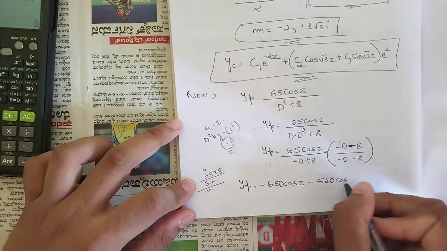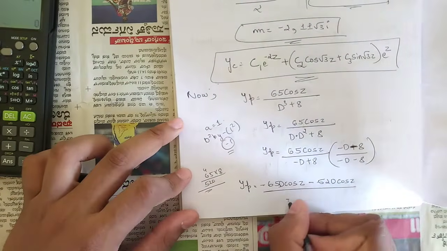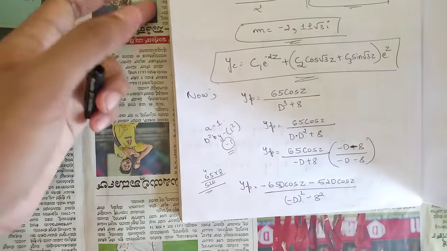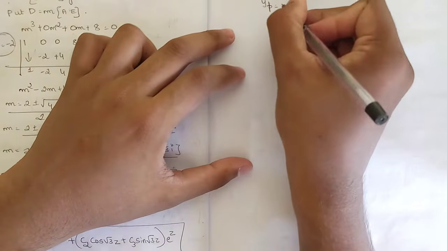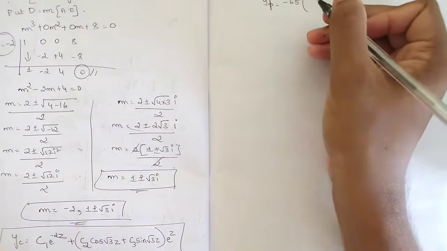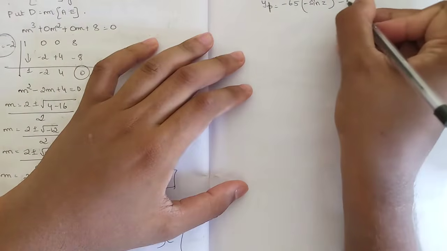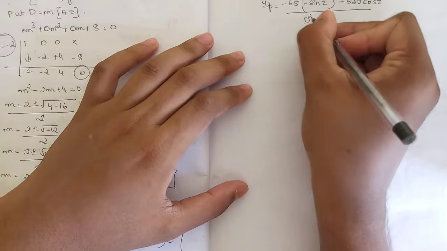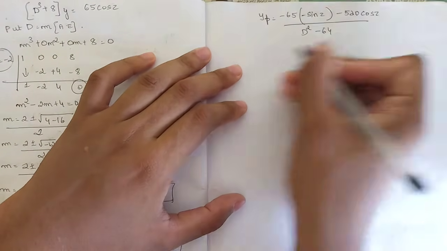520 cos Z divided by, this is again of the form a plus b, a minus b, that is minus d whole square minus 8 square. Minus 65 into, the derivative of cos Z is minus sin Z. 520 cos Z divided by minus d whole square is d square minus 64.